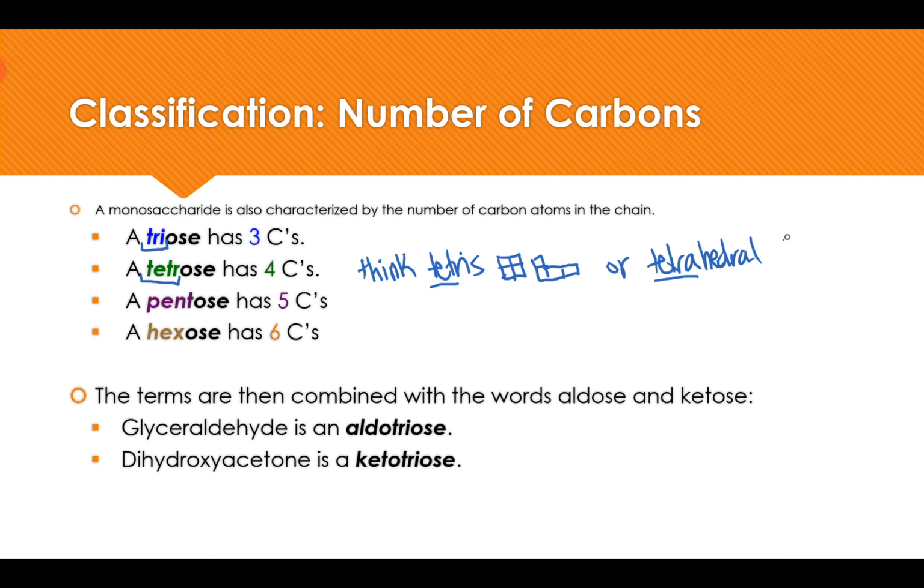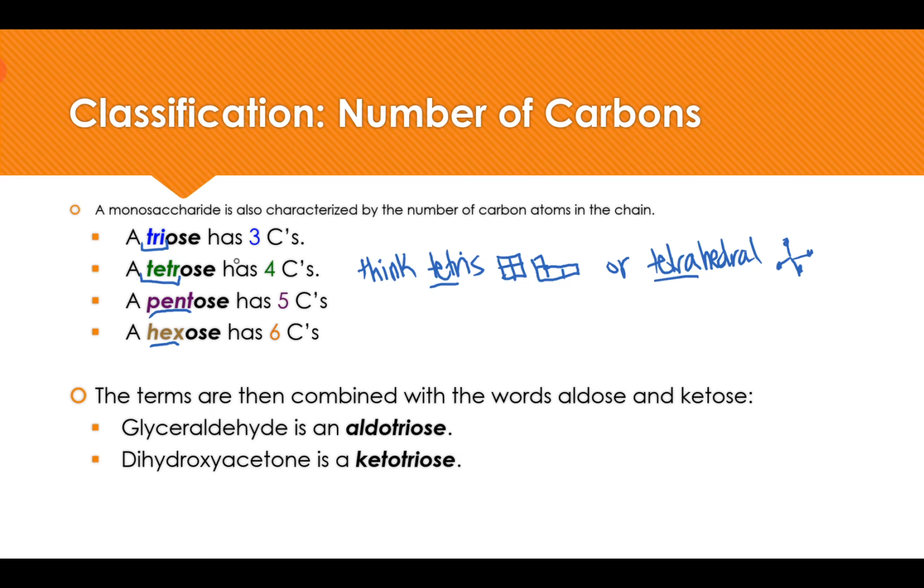That's to remind you that it has 4 things. Pentose means 5 and hexose means 6. So those are similar to polygon prefixes like pentagon and hexagon. So those are pretty normal.